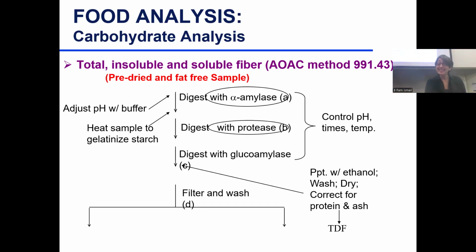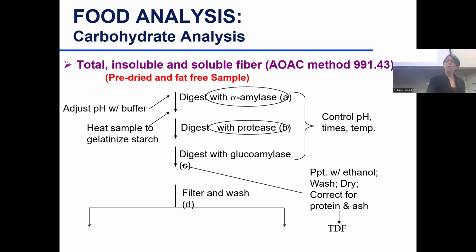So we heat to gelatinize the starch, then we put in alpha amylase and allow it a certain temperature and time combination to ensure digestion. Then we change the pH for protease, which we use to break down most of the proteins into very small peptides and amino acids.